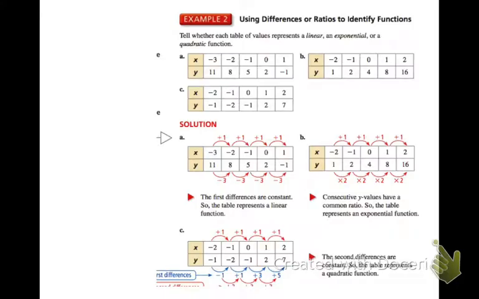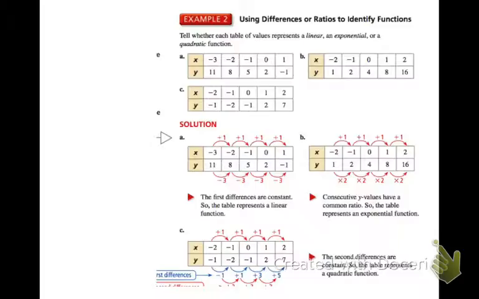So in this example, we'll be looking at the differences. Tell whether each table represents the linear, exponential, or quadratic function. So in A, you can see the solution. The x values have the same rate of change. So the common difference is +1, so it's increasing by 1.